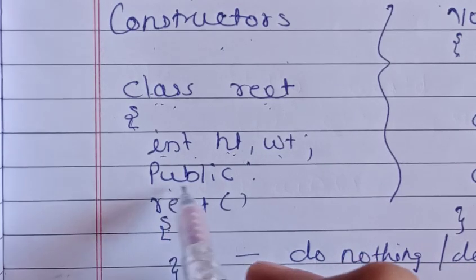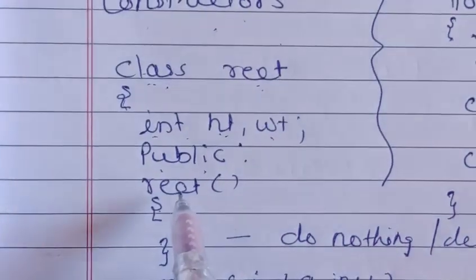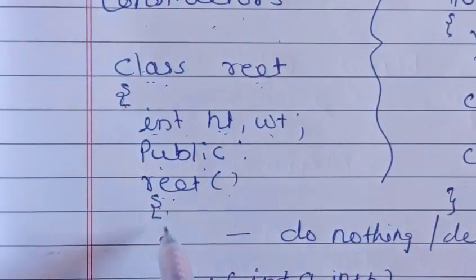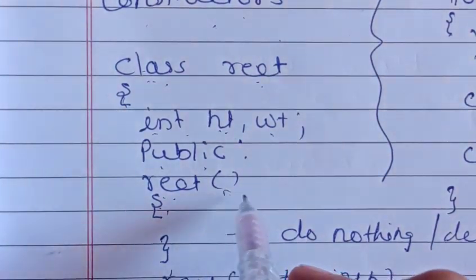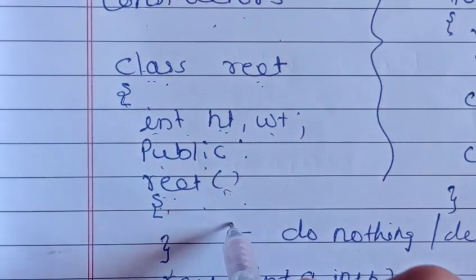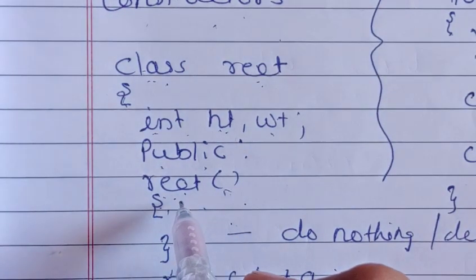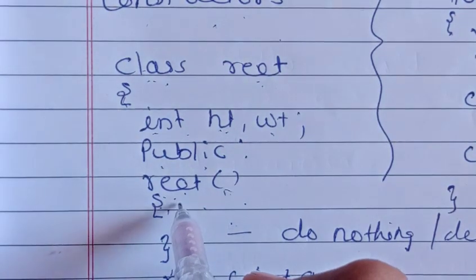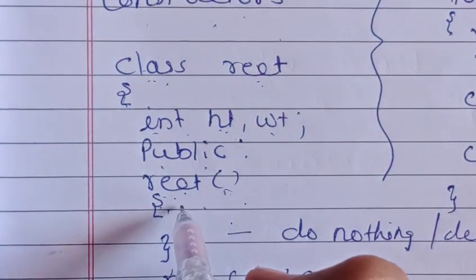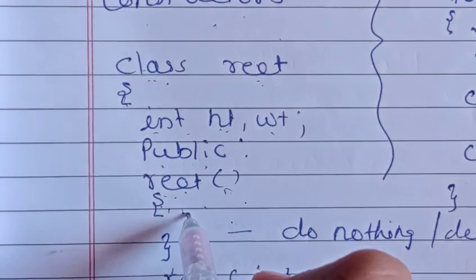Now next one is public rect, open brace, close brace. This is the default constructor, that is a do-nothing type of constructor. This is used to initialize the objects to the value 0. So by default the constructor is called when you create an object without any parameters.